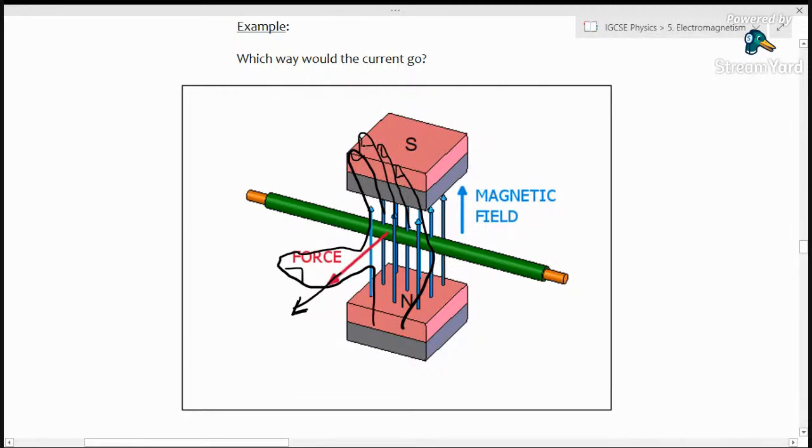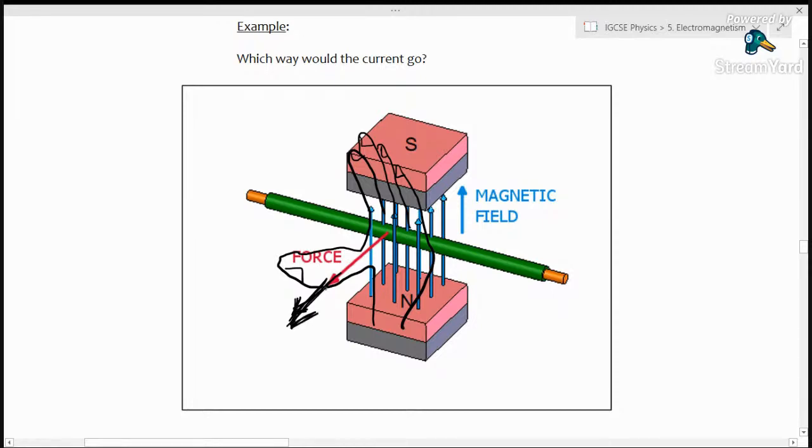Okay, so our fingers are kind of pointing upwards. They should be pointing upwards in the direction that these field lines are going. These field lines are all upwards, right? So our fingers are pointed up because the field lines are pointed up. And remember, the field lines point from north to south. That's why they're pointing upwards. Our thumb is pointing in the direction of the motion, of the movement.